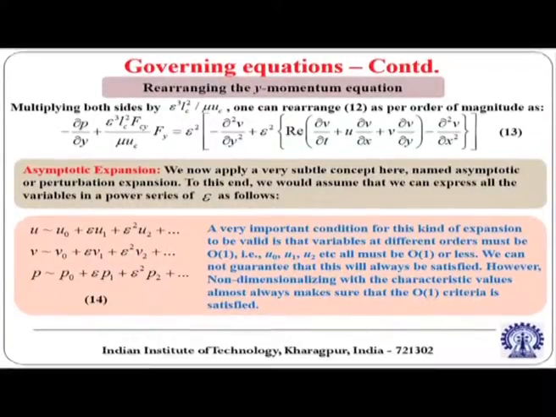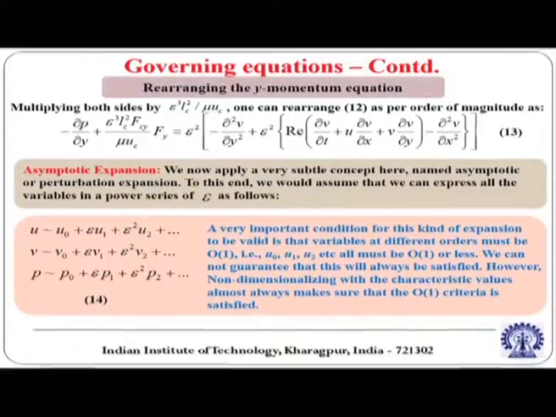Then we can use an asymptotic expansion. This expansion we can do provided that all variables of different orders are of the order of 1, which is ensured by non-dimensionalization. We cannot always guarantee this to be satisfied, because we are unsure about certain scales. We have selected u as the dimensional u by uc, but we do not know what uc is.